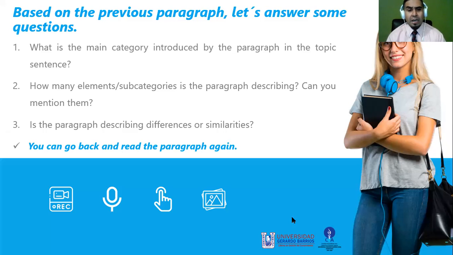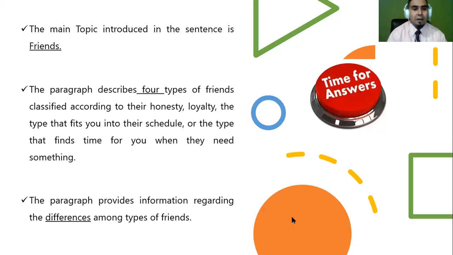Okay, can you mention them? And we already did. Okay, I even numbered them. And number 3, is the paragraph describing differences or similarities? You can go back and read the paragraph again if you like, but I think we have the answers here.